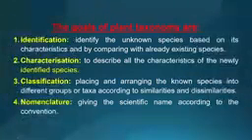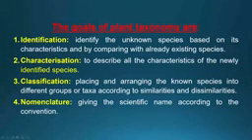Now, what are the goals of plant taxonomy? The goals of plant taxonomy are: firstly, the identification. What is identification? Identification is to identify the unknown species based on its characteristics and by comparing with already existing species.